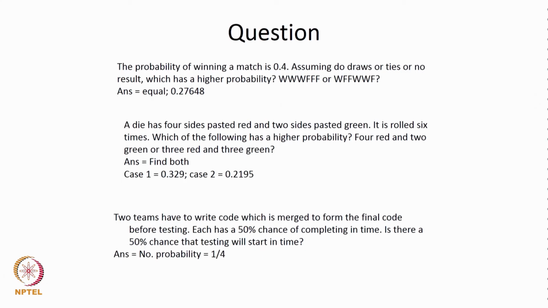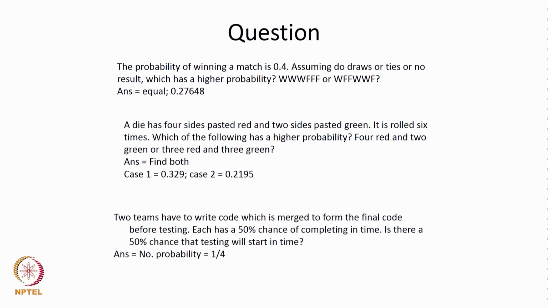Next one: probability of winning a match is 0.4, assuming that there are no draws or ties or no results and so on. Which has a higher probability: win, win, win, then F F F, where F is lose or fail, or win, win, win, fail, fail, win, win and fail? Now, we model this as binomial, and we realize that out of 6 matches, 3 victories and 3 defeats is the probability we are looking at.